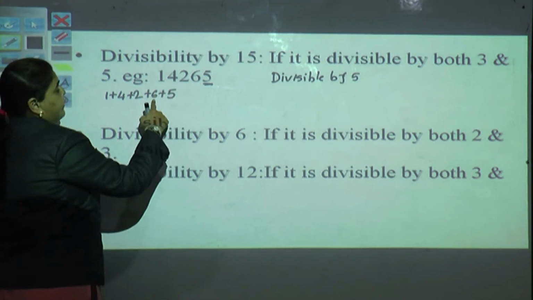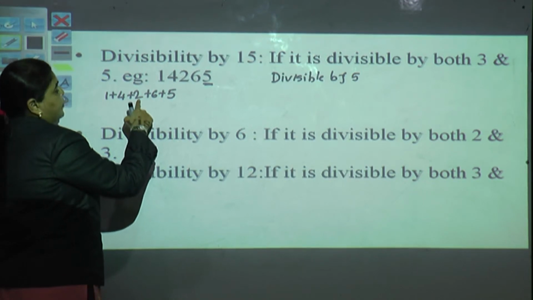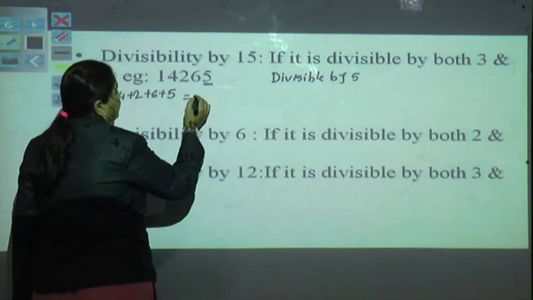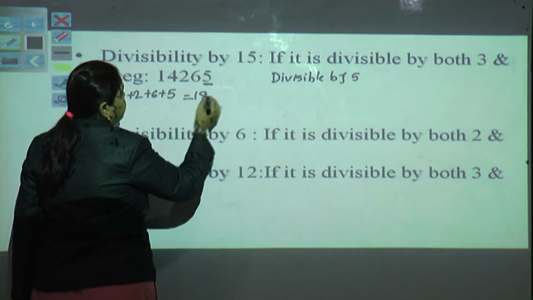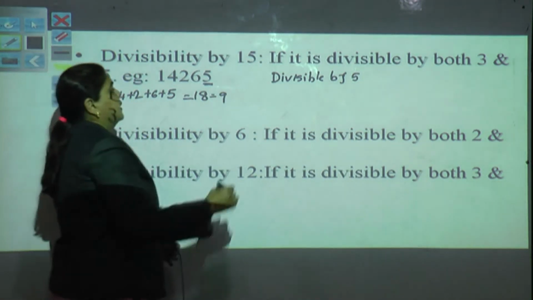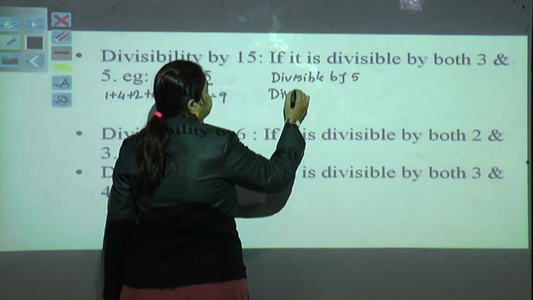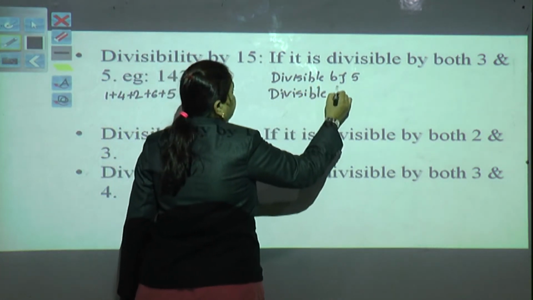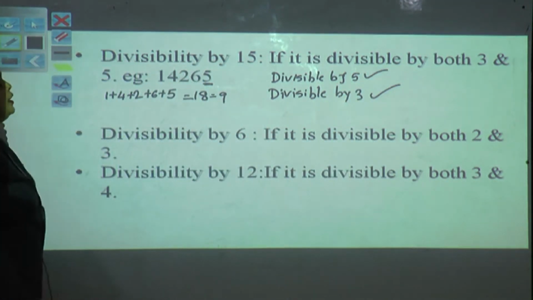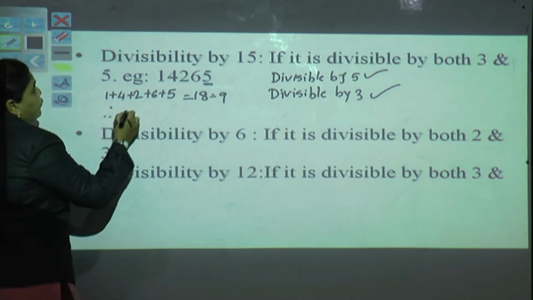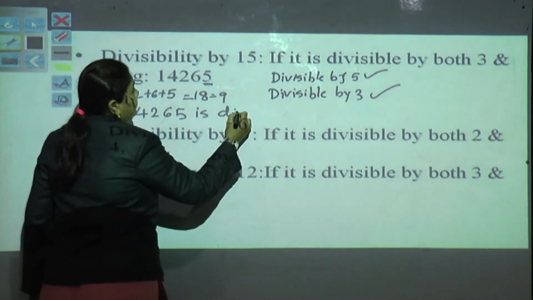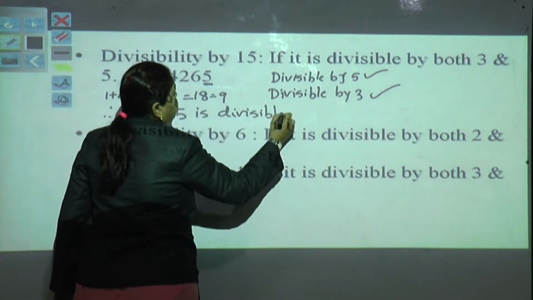This is 11. 11 plus 2 is 13, 14, 15, 16, 17 and 18. Total is 18. 8 plus 1 is equal to 9. Is this number divisible by 3? Yes. This number is also divisible by 3. Now it is divisible by 3 as well as 5. So we can say that therefore 14265 is divisible by 15.